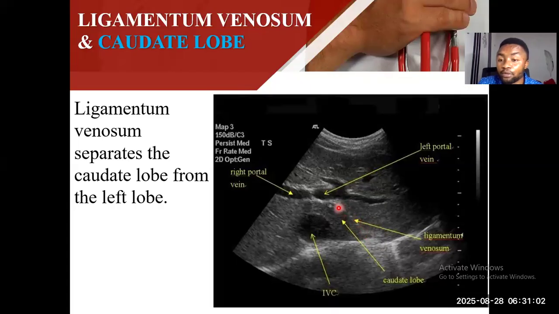So this is ligamentum venosum. So if you ask Sir Williams to show you and then it's not viewable, don't think maybe the person cannot view it. It's not like that. It's not all the time that you can see them clearly. Because we have individual differences.